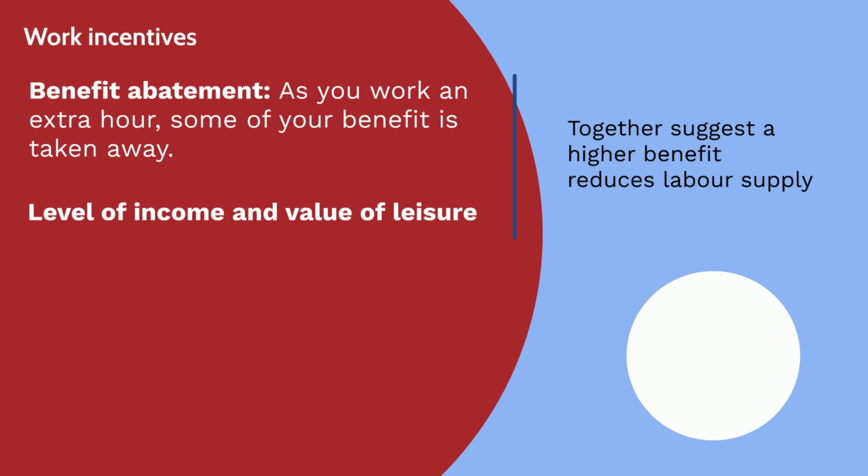And as a result, the combination of the higher abatement rate, which means that you're getting less extra income as you work because it's been taken away from your benefit, and the existence of the higher benefit rate itself increasing your income, should reduce your labor supply. This is what we mean, substitution and income effects, when we talk about the work incentives associated with benefits.